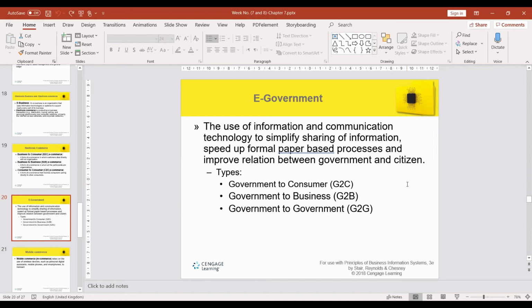So, government to government. It's like how, for example, a Gulf citizen can go to other Gulf countries with only their national ID, without using a passport.